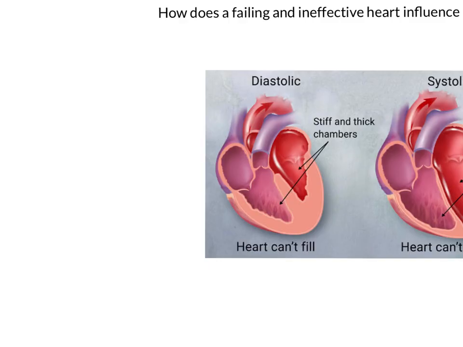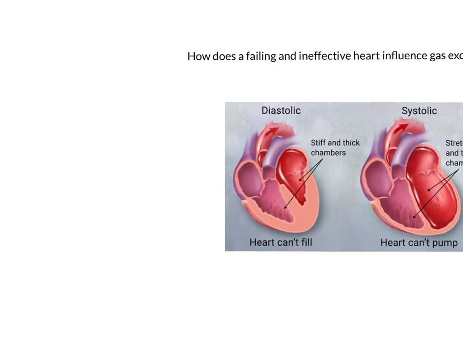And so let's look at this side first for diastolic. So the chambers become stiff, right? And what do you notice about that left side of the heart compared to the right? Smaller, yeah.